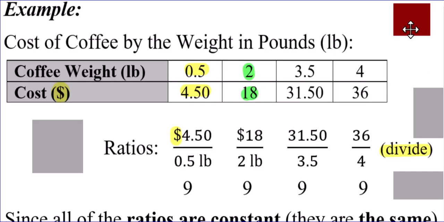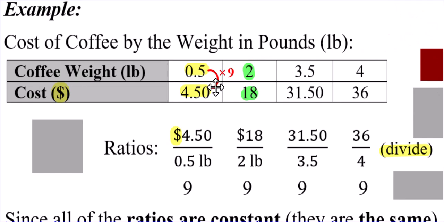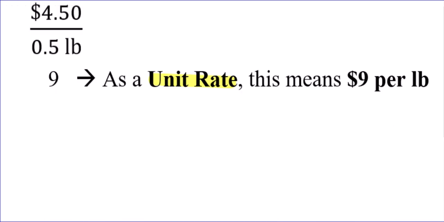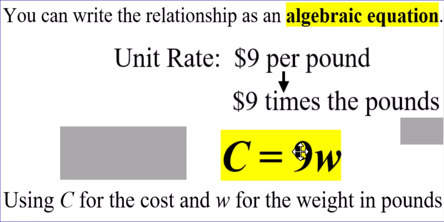Let me show you how this makes sense. If you take the pounds times 9, you will get the cost. 2 times 9 is 18. 3.5 times 9 is 31.50. 4 times 9 is 36. So that's what this equation is trying to show you, that if you take $9 times the weight in pounds, you will always get the cost.